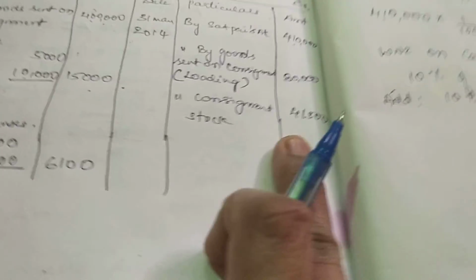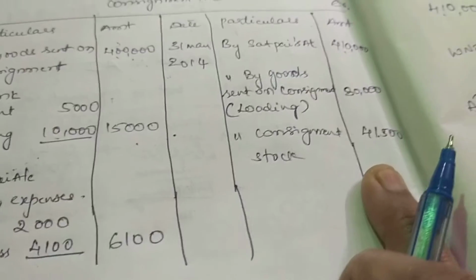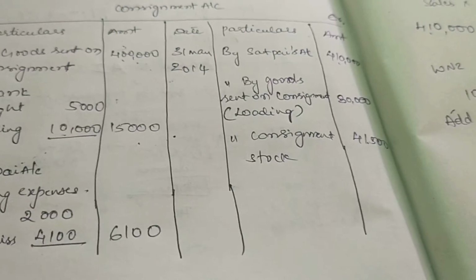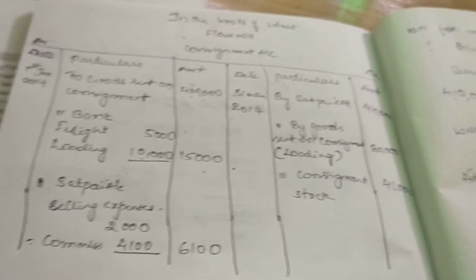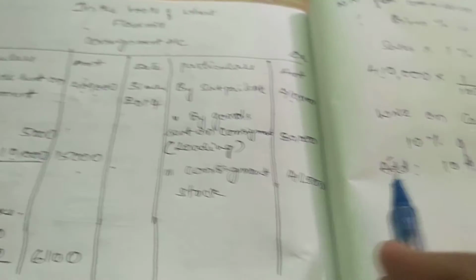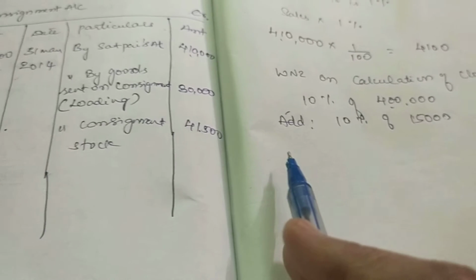You have to remove the profit for your closing stock. So the loading for your closing stock will be how much?